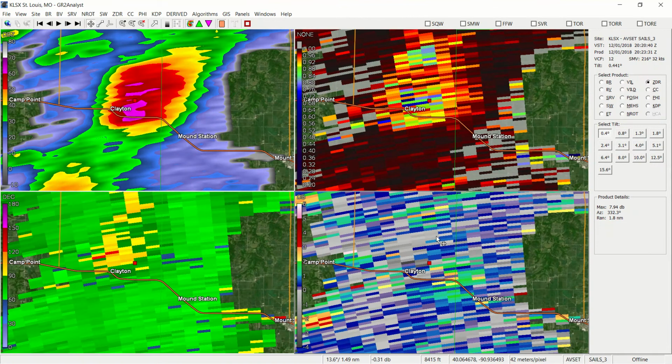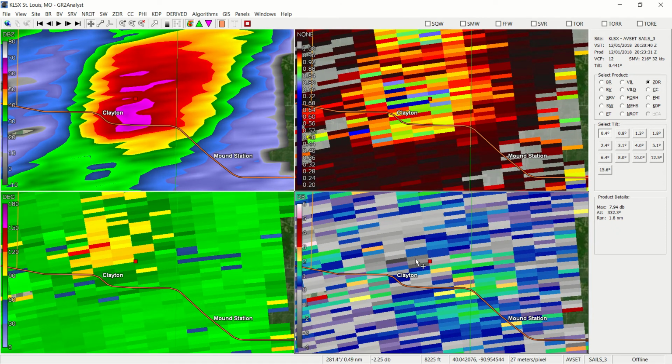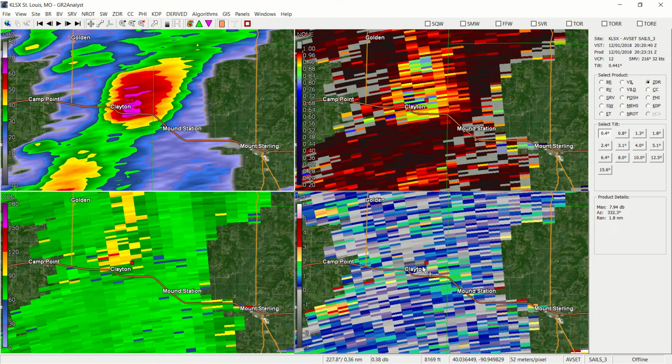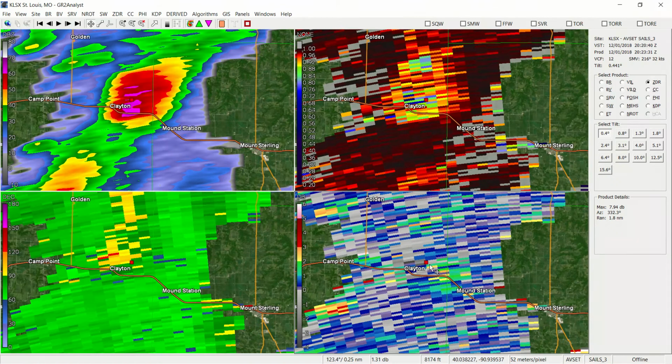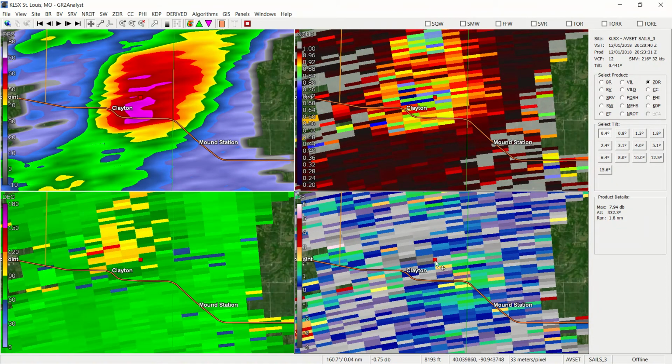What this means is that with hail, we would expect to see more of a spherical nature in these hailstones. With heavier rain, we would expect to see more of a flat shape, so we would have a higher ratio of the horizontal to the vertical. And with hail, you'd have a lower ratio. So with the ZDR product, you can look at this in combination with the reflectivity product to give you those estimations.